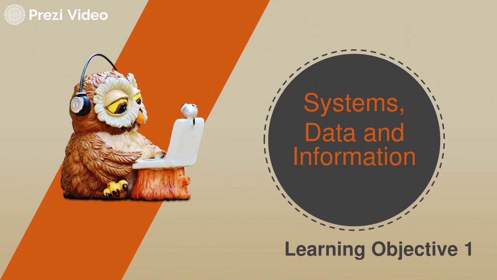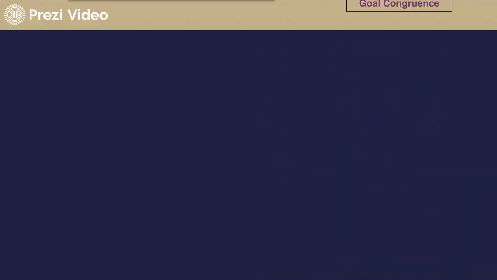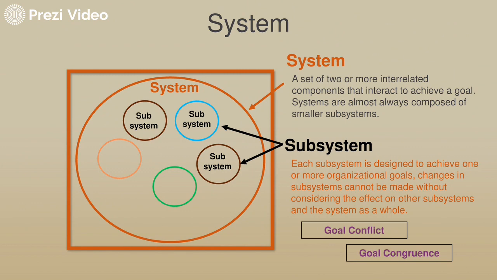Basically in this learning objective 1, we're going to discuss the important terms in the context of the information organization. First of all, since we talk about accounting information system, you also need to understand what a system is.